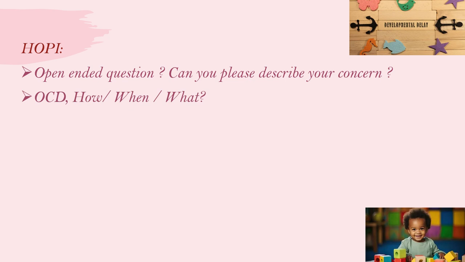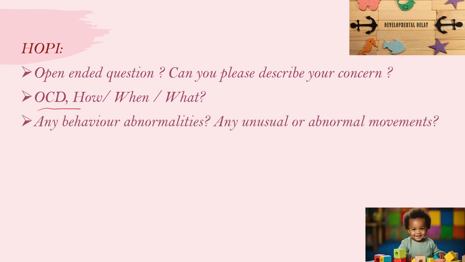Then ask about onset, course, and duration: how did the problem start, when did it start, and what happened after that. Also ask if the child has any other behavioral abnormalities, or any unusual or abnormal movements in any part of the body.